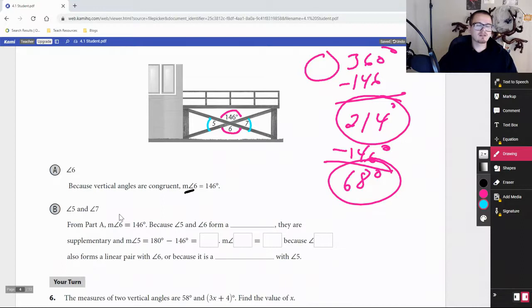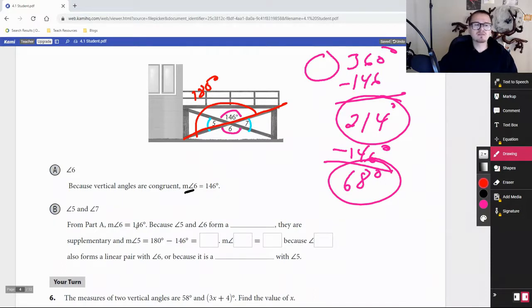Now, before I try filling out the book, because this is why I don't love this book, let's just be smart here. Let's use our brains. Take a look at this line. This angle measure is 180 degrees. Based on supplementary angles, angle 5 and the 146 degree angle are adjacent, so they have to add up to 180.